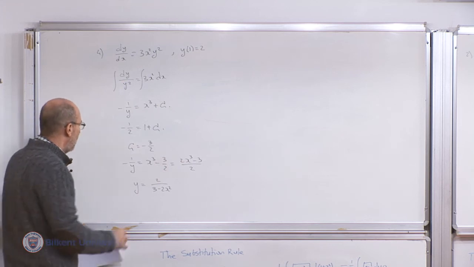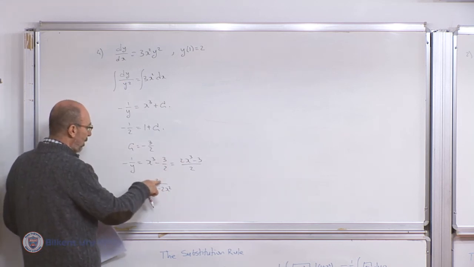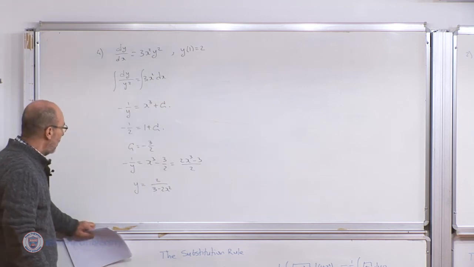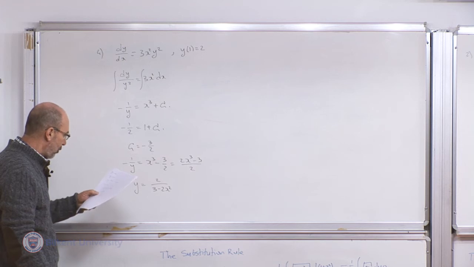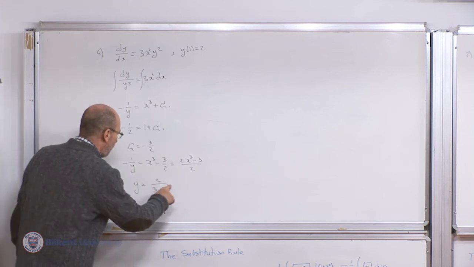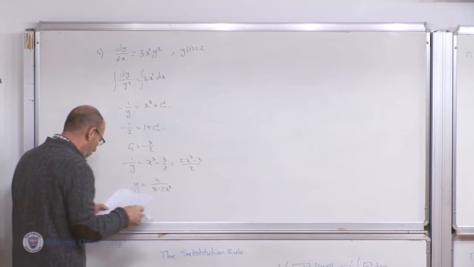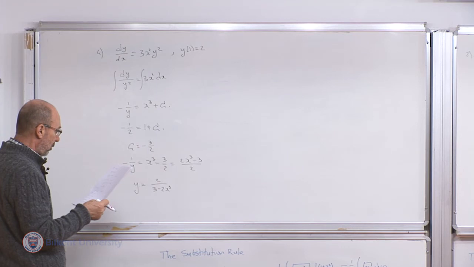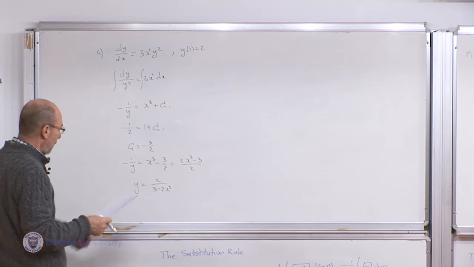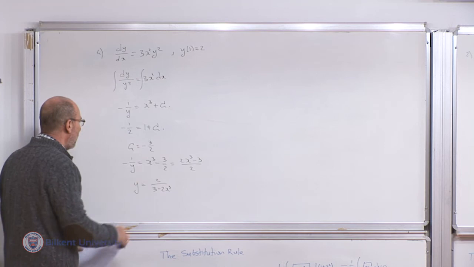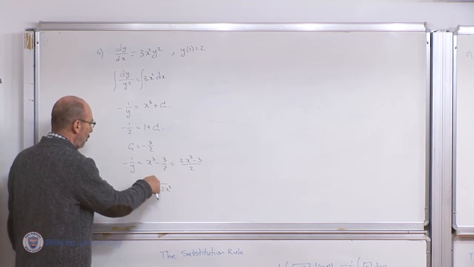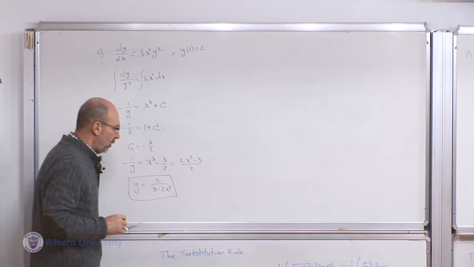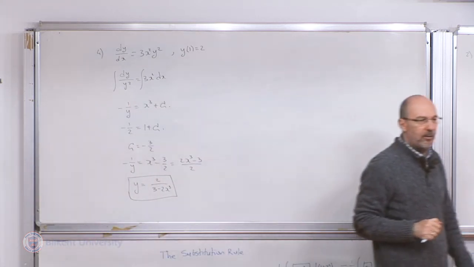Okay, so you see that when I put x equals 1, I'll have 2 over 2, so at least, well, I didn't get that one. Why didn't I get this 2x cubed? Yeah, I have 2 here. I forgot this 2. Okay, so if you put x equals 1, you get 2 over 1. Okay, so this is the solution.